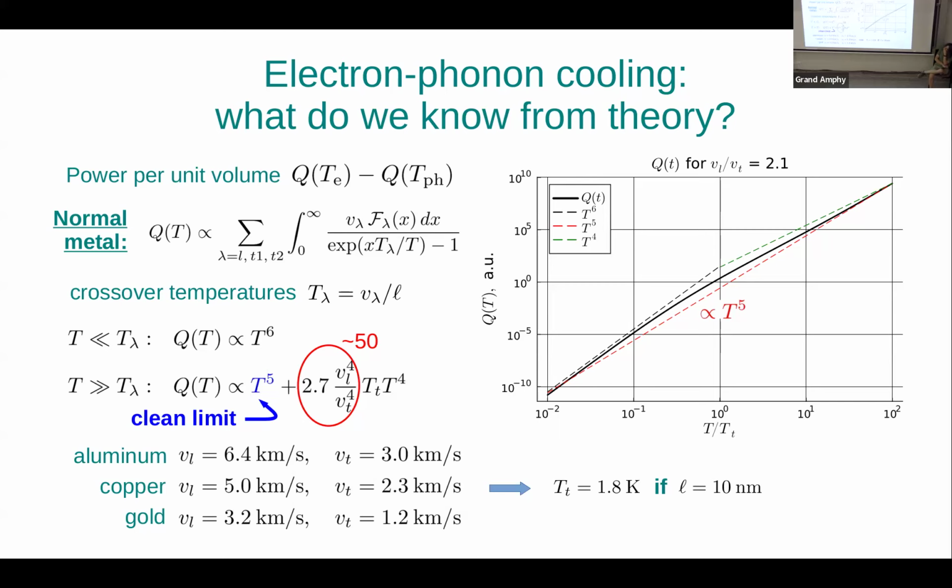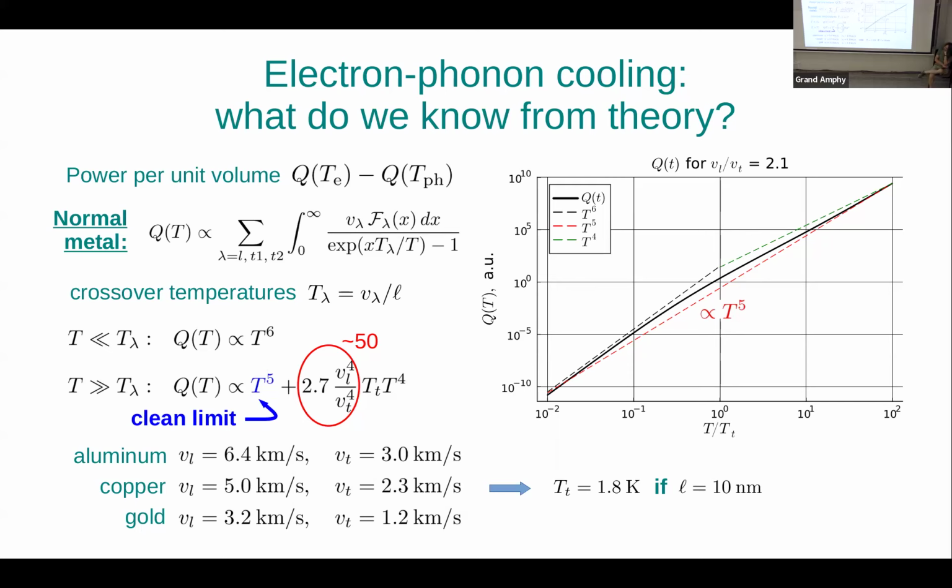Well, we have this high temperature expression. So there is an overall prefactor, but the two terms here from longitudinal and transverse phonons contain this coefficient, the ratio of longitudinal to transverse velocity. We all know that longitudinal is always higher than transverse, but the ratio is actually bounded.